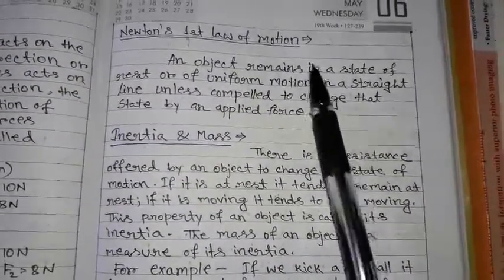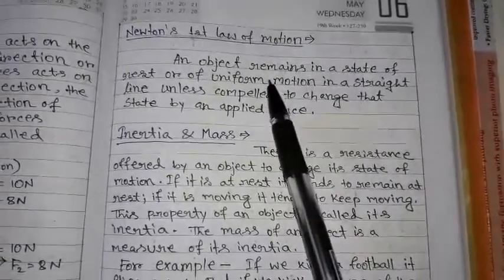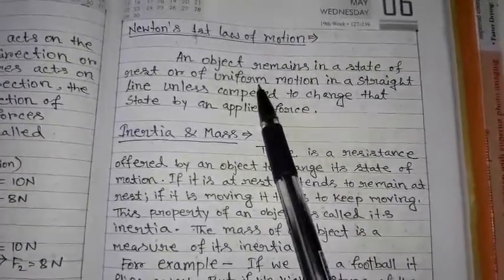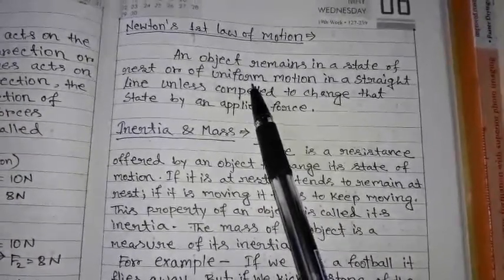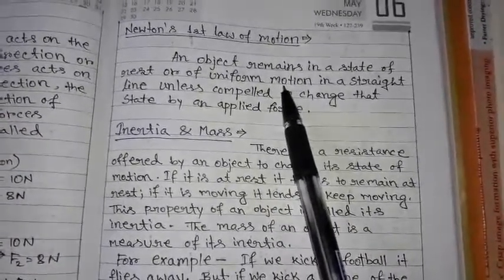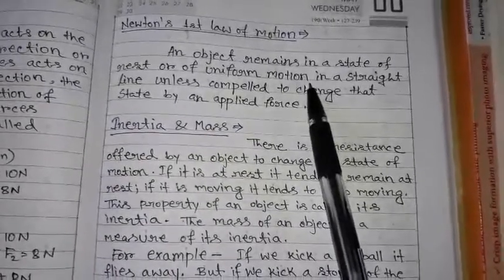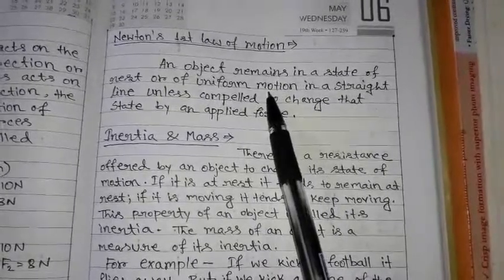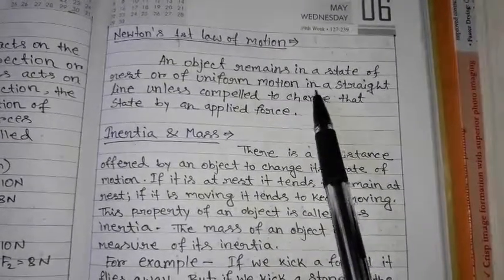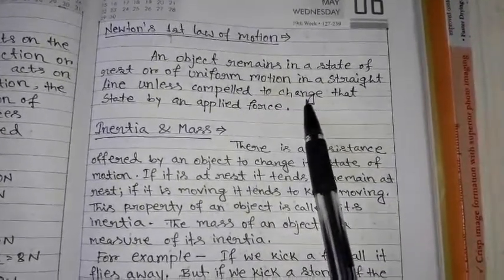If we do not interfere with that motion by an external force, it will continue its state of motion; it will not change. So there is a property of the object that resists the change in its state of motion when we try to break it by the application of an external force.